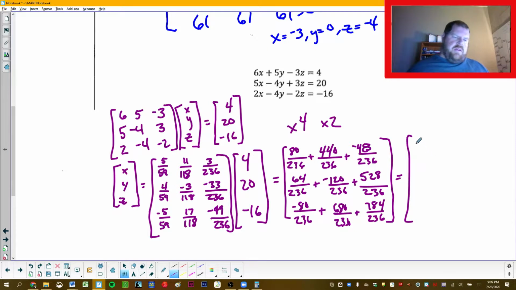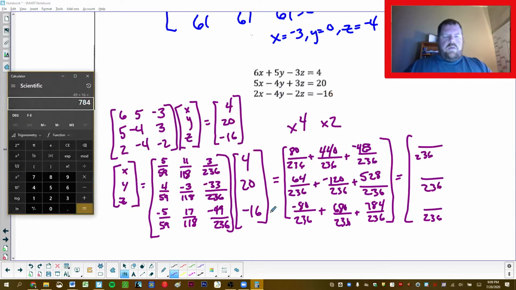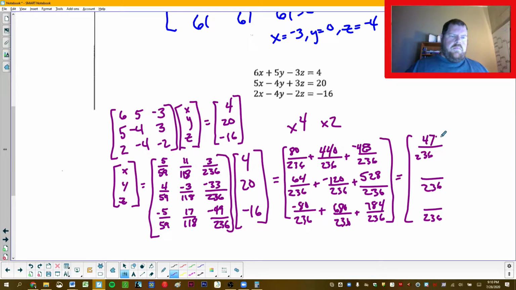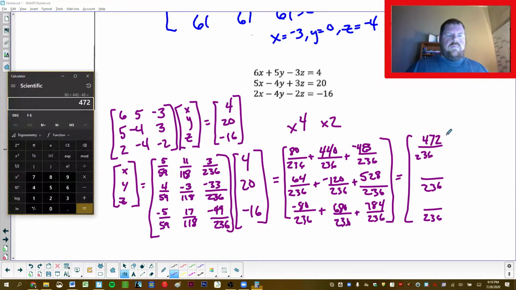I'm going to write all these as over 236. Just kind of an intermediate step. You don't have to do this. But I really don't like showing me working on a handheld calculator. So I'm going to do it this way. We have 80 plus 440 minus 48, 472. And I'm going to divide that by 236.